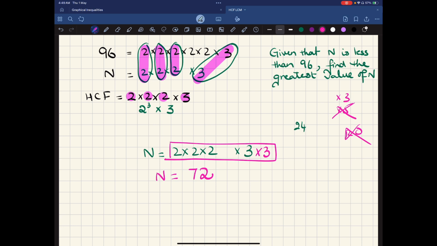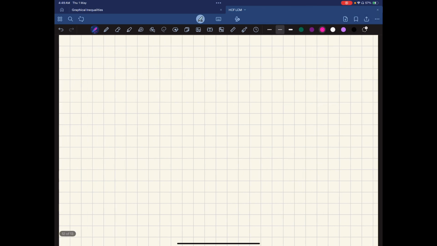They can also give you the LCM and ask you to find the other number. Okay, so let's do an example, a past paper question for this. So the question states that the LCM of a number. Okay, let's first write down the numbers.